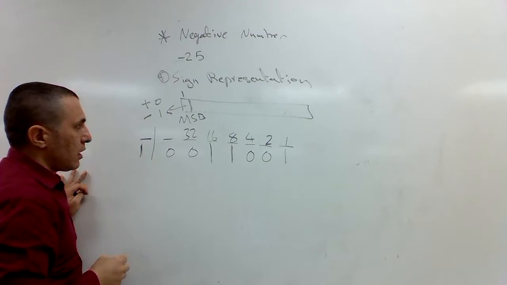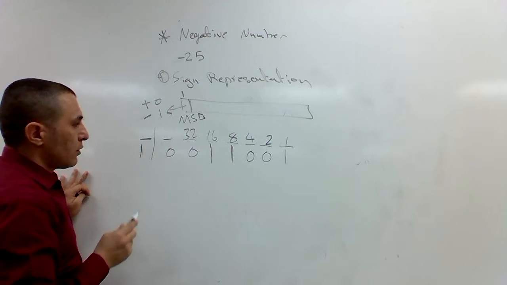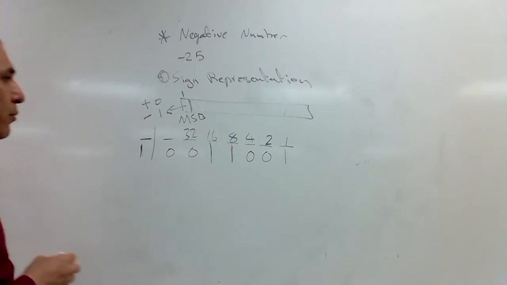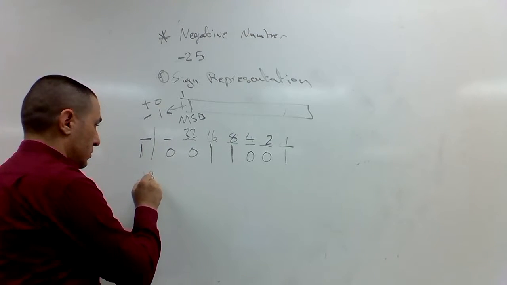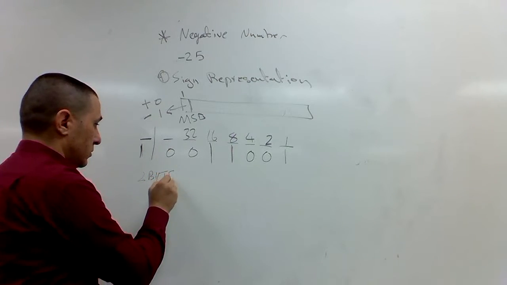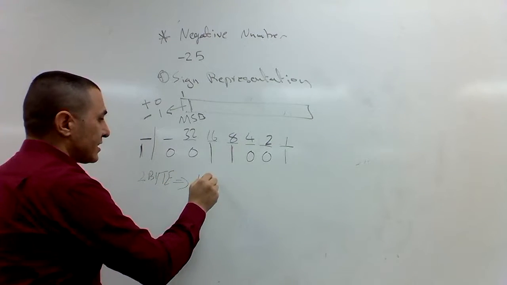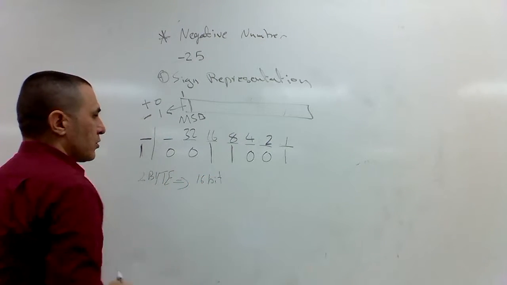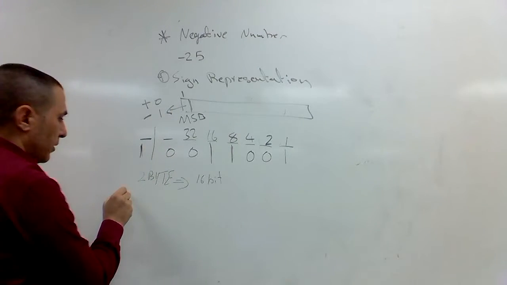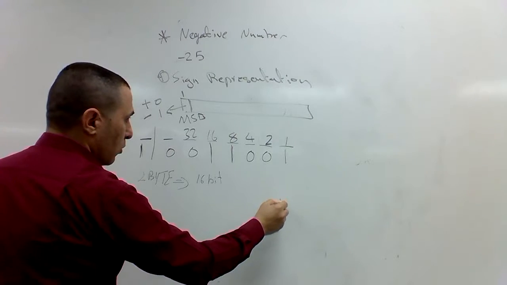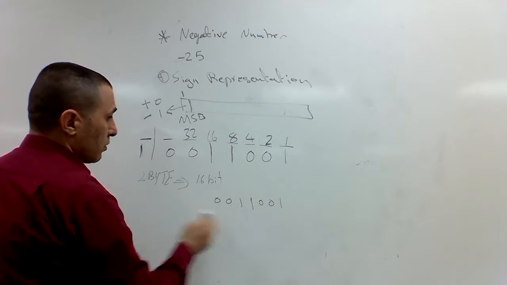If I use a word, it is 2 or more bytes. 2 bytes is what? A byte is 8 bits, 2 bytes is 16 bits. So to represent negative 25 in a word or 2 bytes, I'll have 1 0 0 1 1 0 0 and so on.